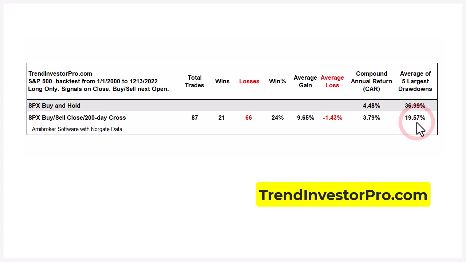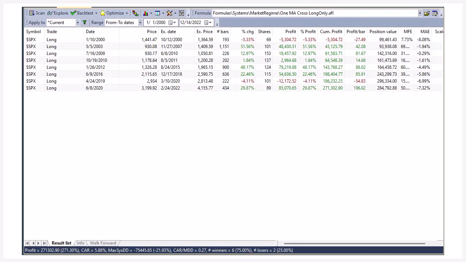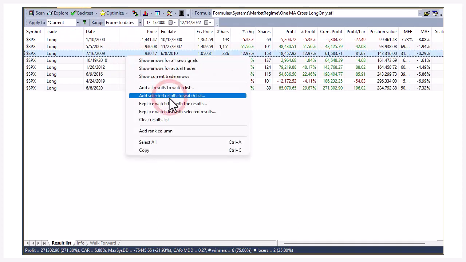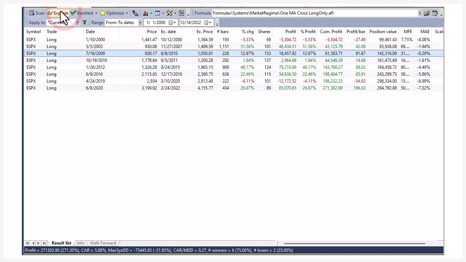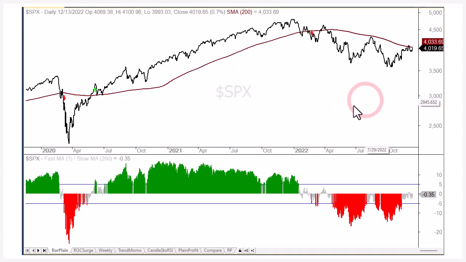But we can improve that by adding a 5% filter. So let's look at that next. Here I just ran the backtest, and we're only buying when the close is 5% above the 200-day or more, and then selling when the close is 5% or more below. You can see we have a lot fewer trades already. We look at these signals, and we can see that there are a lot fewer signals, and they're going to be a little bit later.